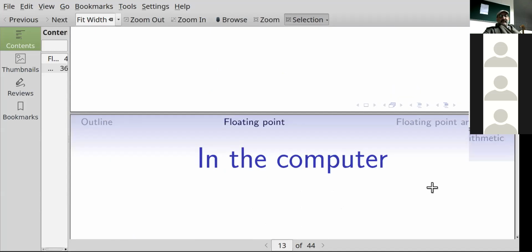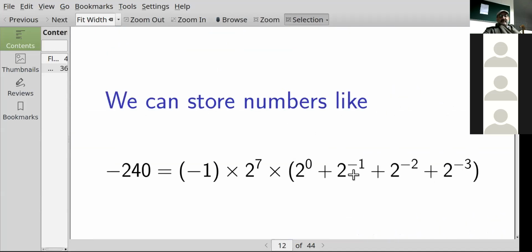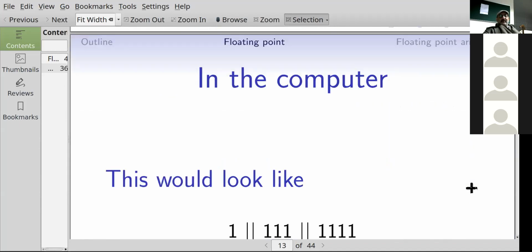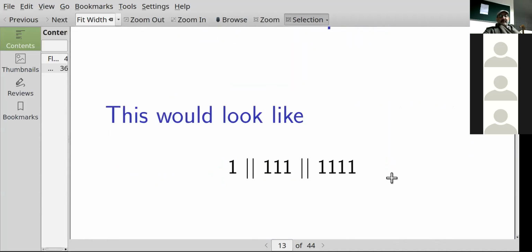So 2 to the 0 plus 2 to the minus 1 plus 2 to the minus 2 plus 2 to the minus 3. These powers of 2 are all being multiplied by 1s. So here, for the number part, I just need to put in 4 1s. Okay? And let's agree that the middle part is the exponent.